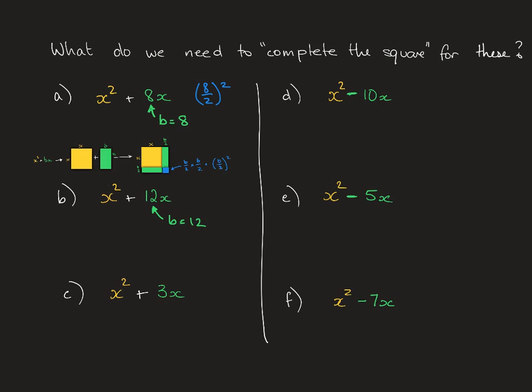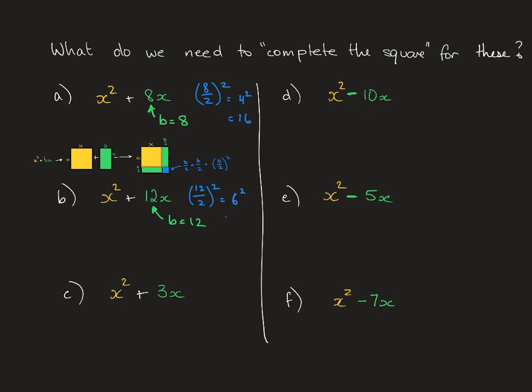So what we need to add here, since our b is 12, is 12 on 2 squared. Now both of these can be simplified, so 8 over 2 is 4, so we could write that as 4 squared. We could also write it as 16. The 12 over 2 we can write as 6.